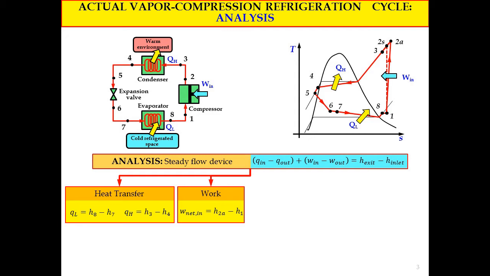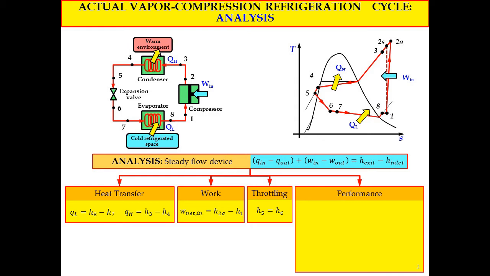So we can see clearly the formula by referring to the TS diagram. And then for the throttling process, if you look at the expansion valve, the states involved at the inlet and also the outlet of the expansion valve are state number 5 and also state number 6. And the main criterion for the throttling process for the actual vapor compression refrigeration cycle is that H5 will be equal to H6.